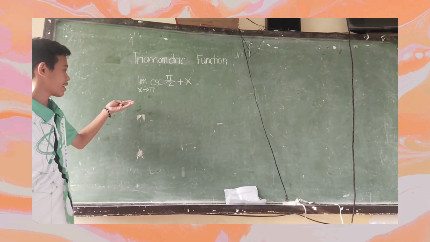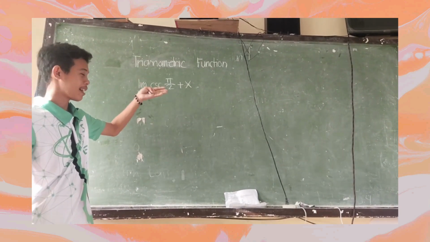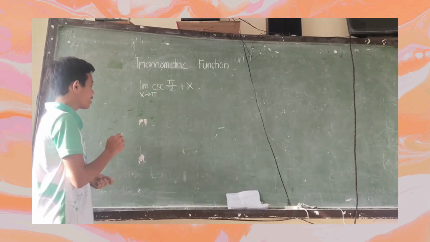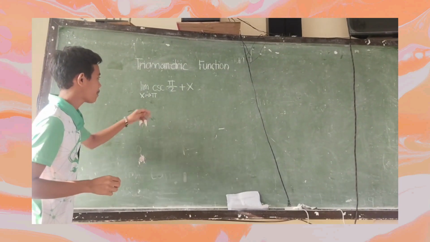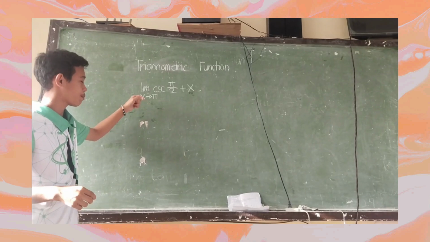So this is the last example on finding the limit of a trigonometric function. The limit of cosecant of pi over 2 plus x as x approaches pi.